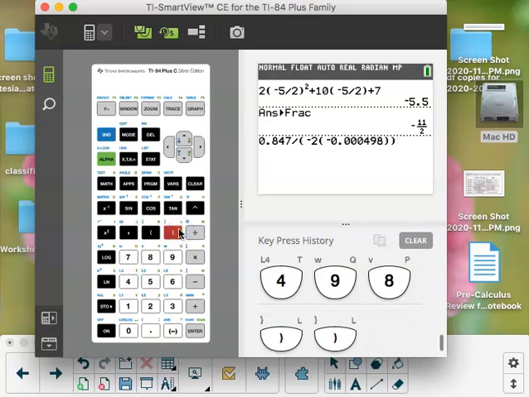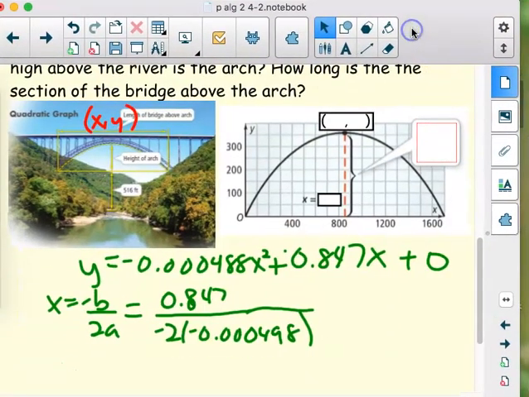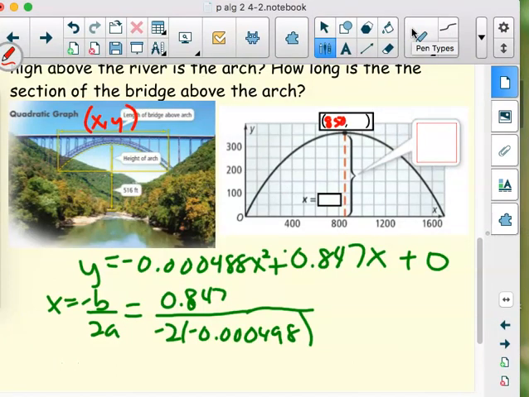Parentheses, parentheses. So that way the calculator knows the 0.847 is on the top by itself, and all of this stuff is on the bottom. And I hit enter. And it's pretty doggone close to 850 feet. I think I'm just going to use 850. That's probably too small for you to see. Let me make it really big.